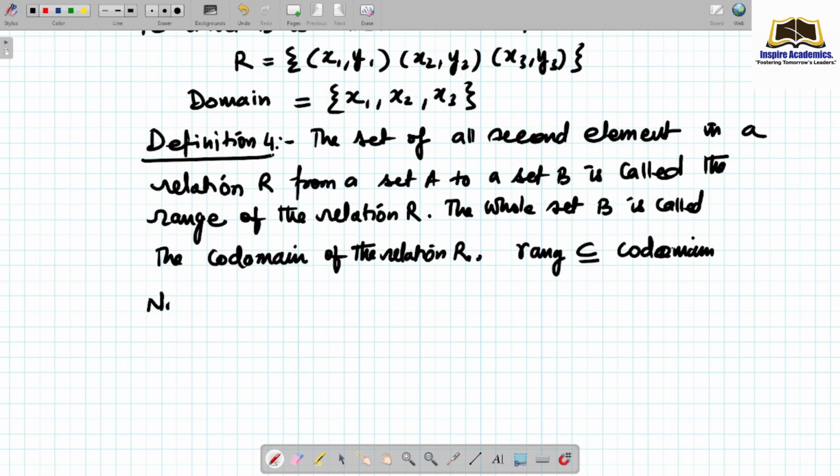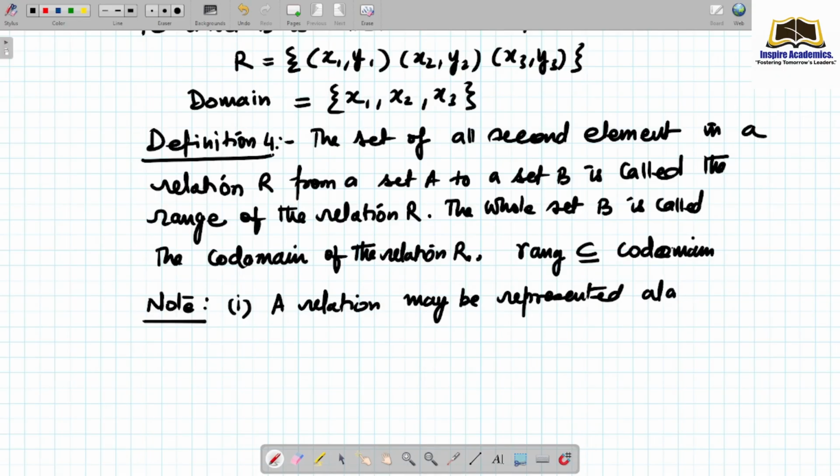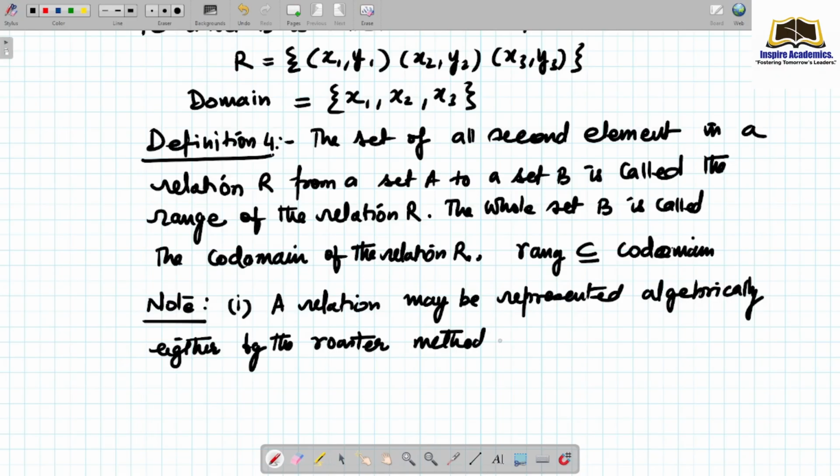Now there is a note here. Number 1, a relation may be represented algebraically either by the roster method or by the set builder method.